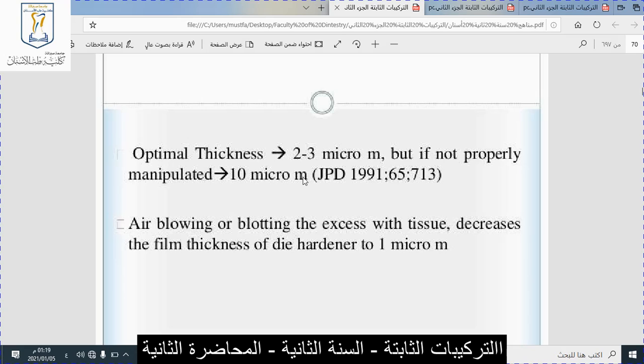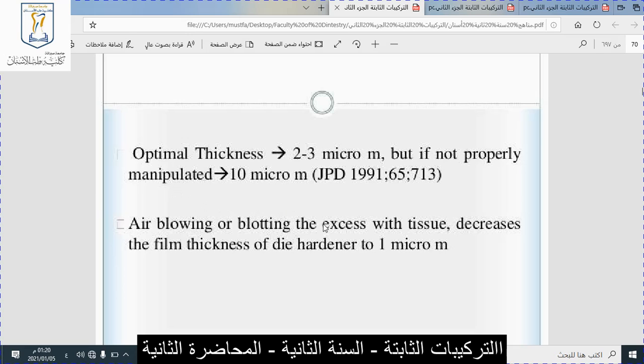The optimal thickness is 2 to 3 micrometers, but if not properly manipulated it can reach 10 micrometers. When the thickness is low, it is better.